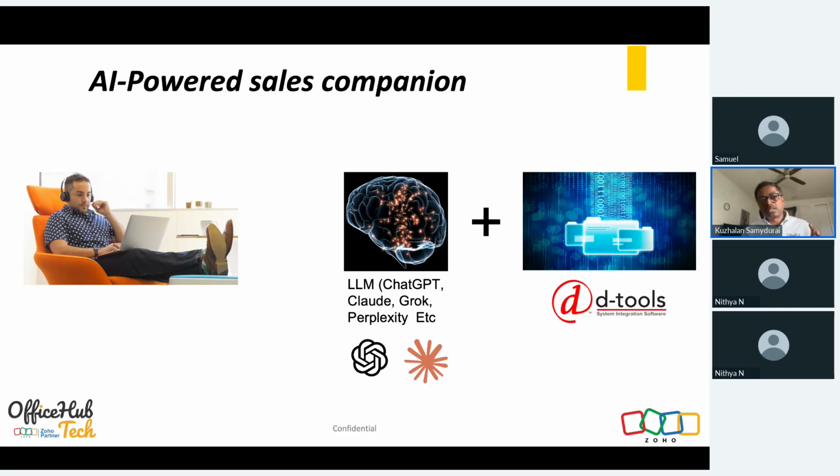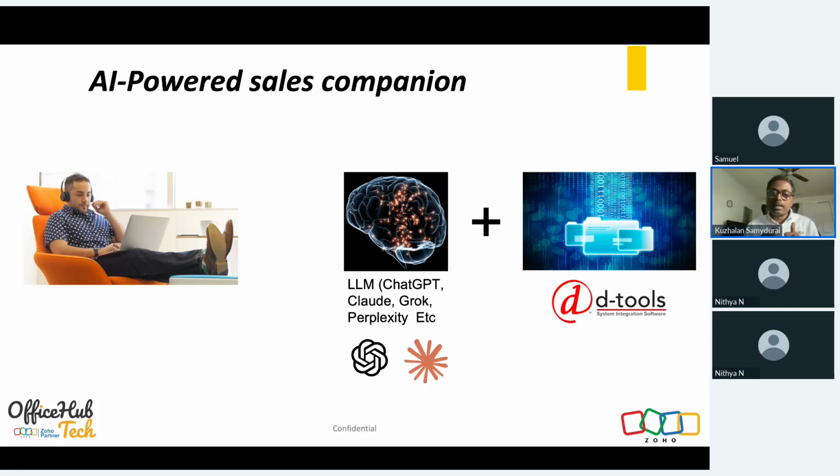Just imagine this. We all know that the large language models, the ChatGPT, the Claude, the Grok, and the perplexities of the world have the best in brain, right? On the reasoning side, on the decisioning side. Just imagine if we could bring the business data into this brain, how powerful it would be.